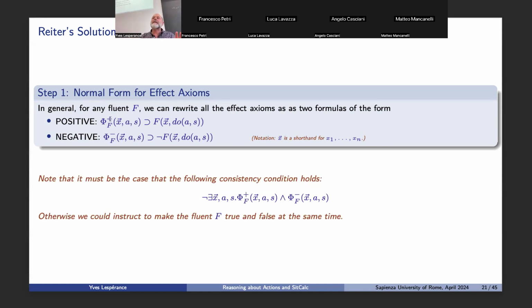On the left hand side is some condition. You have to capture every action that affects F and makes it true, and you have another one for every action and situation that makes F become false. There could be more than one argument to F.